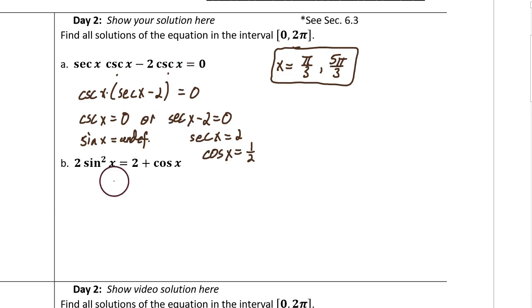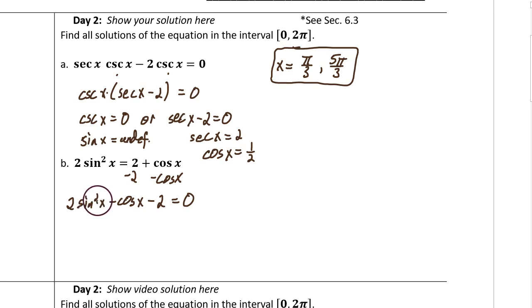Now question B. Let's make this equation equal to 0 like the first one was by subtracting the 2 and subtracting the cosine x. This will create 2 sine squared x minus cosine x minus 2 is equal to 0. Next, it's complicated that there's a sine and a cosine in the equation.